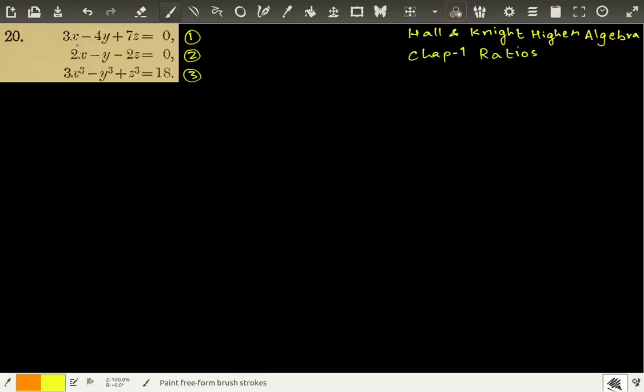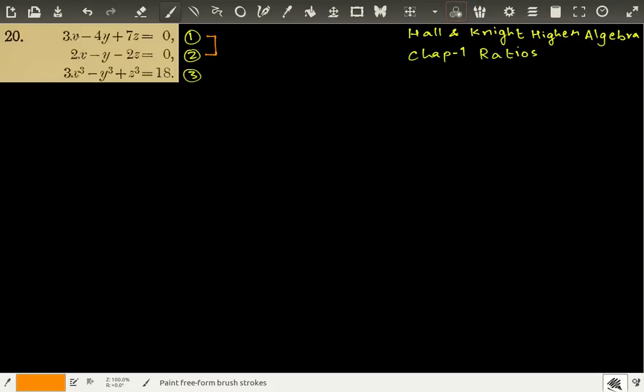Over here we have 3x to the power 1, 4y, 7z. But the third equation has power 3, that is, it is a third order equation. So for now we will not consider this equation. We will consider only equations number 1 and 2, because it is easier to find the relationship between x, y and z with these two equations.